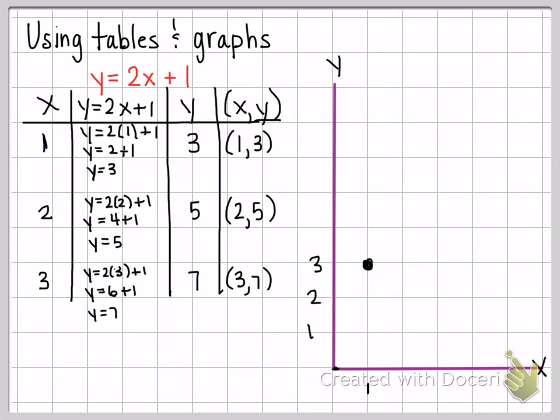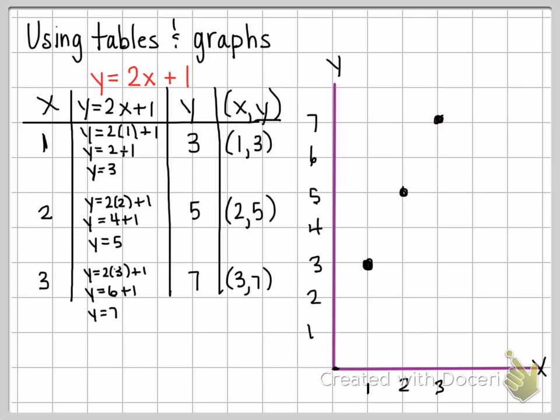My second ordered pair is 2, 5. So I go to the right 2 and up 5. My second ordered pair goes there. And then 3, 7. 3 to the right and 7 up.